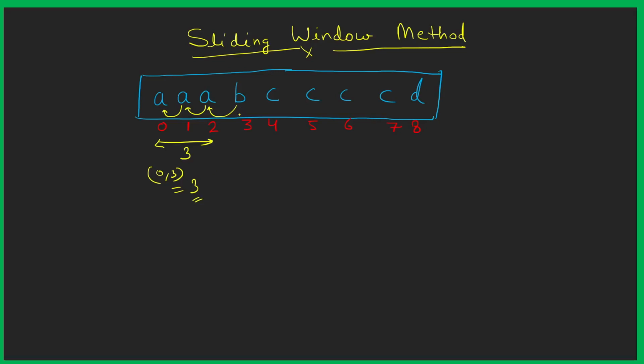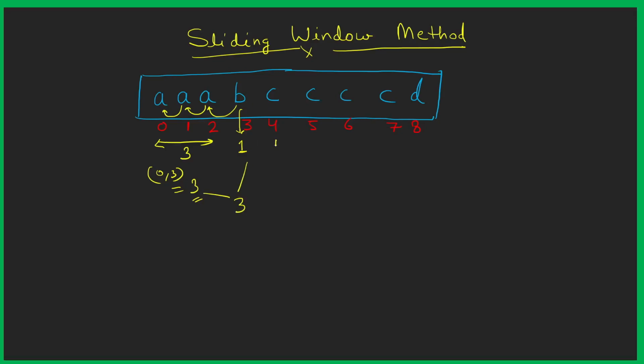Now we will say, okay, this B was not equal to A, that means till now the window size is 3, and for B the window size will start from 1. Correct? That means B has window size 1. Now we check whether C is equal to B. You will say no. So here you want to find the power till B, so you find the maximum of 3 and 1, which is 3.